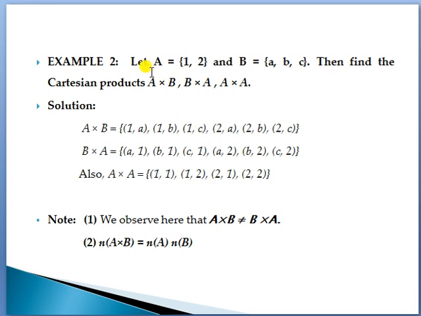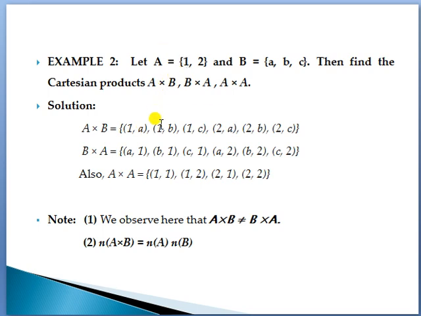In the next example, let us consider capital A as the set {1, 2} and the set B given as {a, b, c}. Then find the Cartesian products A cross B, B cross A, and A cross A. First of all, we find A cross B. A cross B means the set of all ordered pairs where the first element belongs to the set A and the second element belongs to the set B. So we write 1 at the first place and a at the second place, that is the first ordered pair.